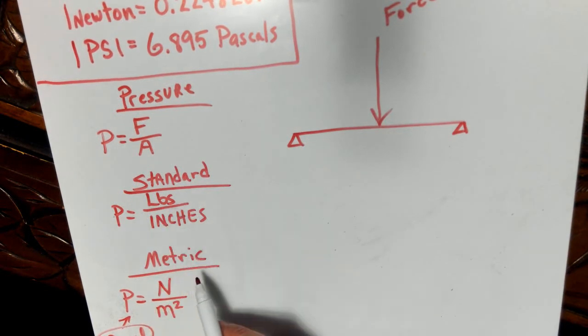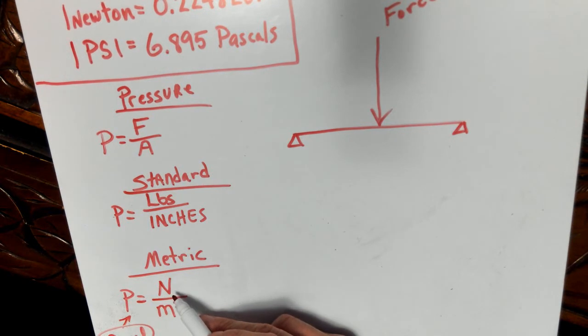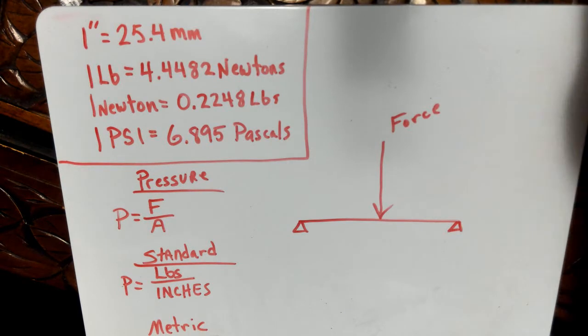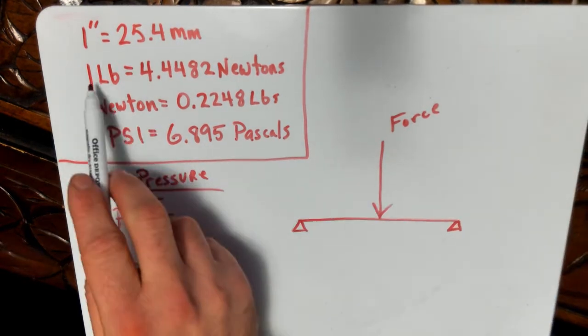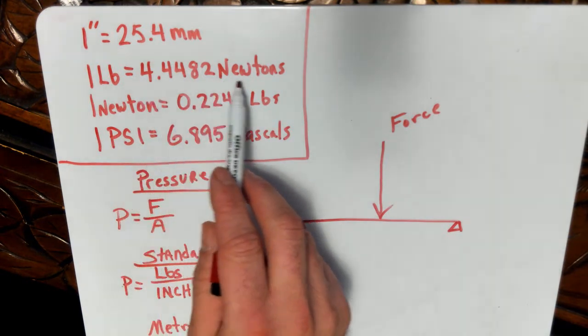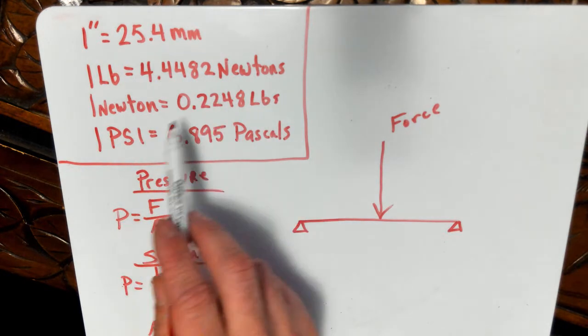Standard will be in pounds. Metric, the force is going to be in newtons, okay? And when I come up here, I want to show you up here, 1 pound is equal to 4.4482 newtons, okay? That's the conversion factor between pounds and newtons.